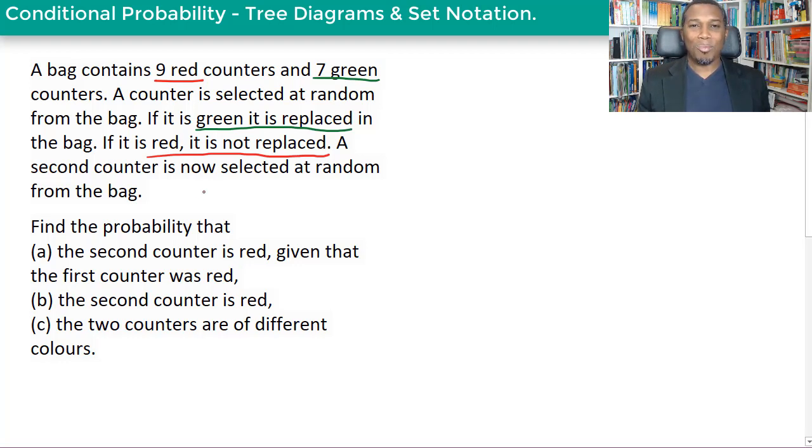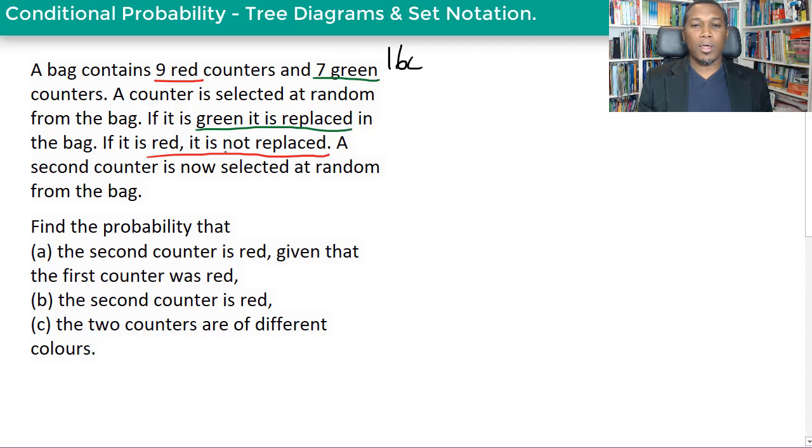It also helps me make that link between the tree diagram, the branches, and what a combination of branches represents when it comes to probability and set notation. In total, it was 9 red and 7 green, so we have 16 counters. The denominator for all our fractions is starting off at 16.